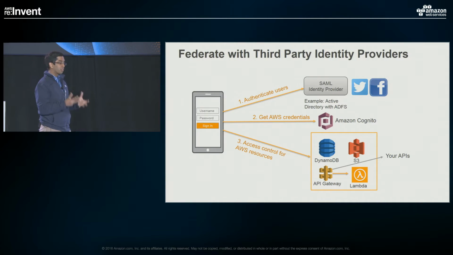That assertion is taken, and it is sent to the Cognito service, and in exchange, temporary AWS security credentials are vended. And those temporary security credentials are obviously time-bound, and they are associated with an IAM, Identity and Access Management, role, which is associated with an IAM policy.